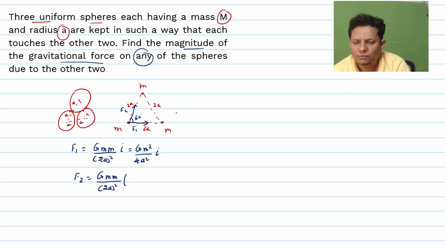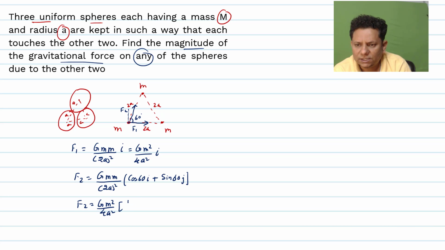If you look at the direction of this force, it will have an angle of 60 degrees from the horizontal. So we can write cos 60 i cap plus sin 60 j cap. So F2 will be equal to G M square divided by 4a square, cos 60 equal to 1 by 2 i cap plus root 3 by 2 j cap.